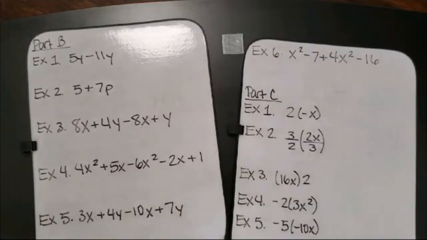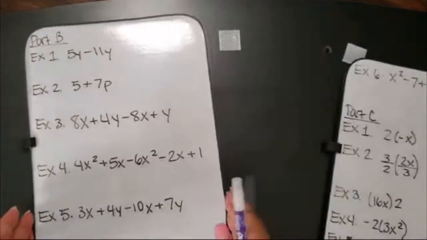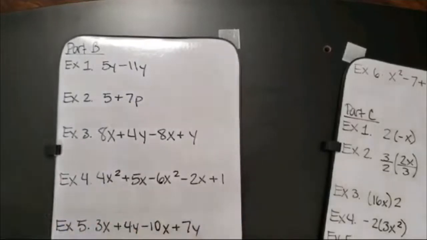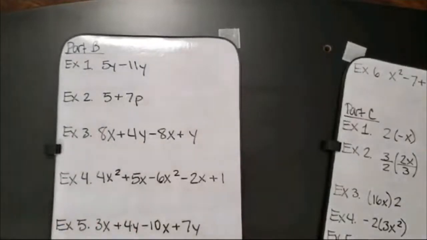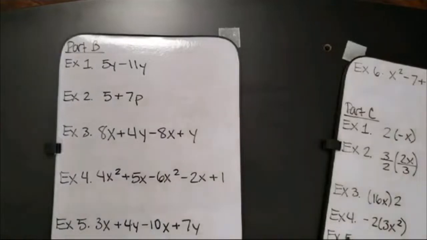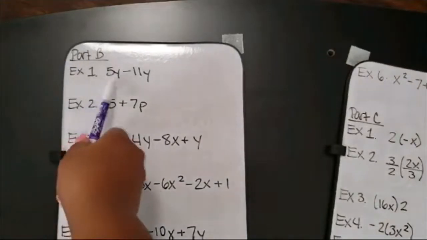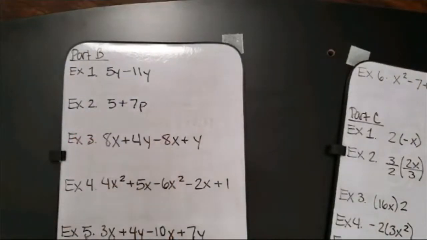So like terms are, if we look at example 1, 5y and -11y are like terms because both of them have a y present. That means that with the number in front of them, we can just do our operations.